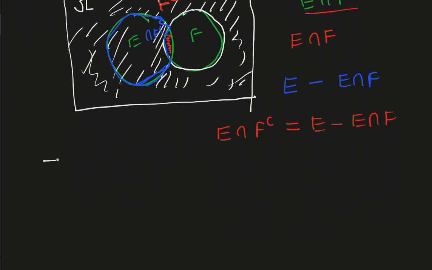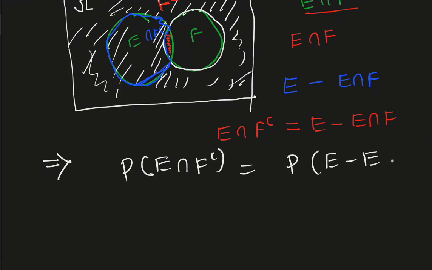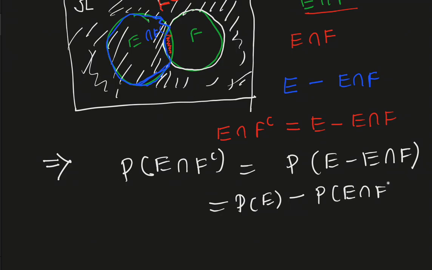Now we know the probability of E intersection F complement is equal to probability of E minus E intersection F, and from the corollary, it is probability of E minus probability of E intersection F.